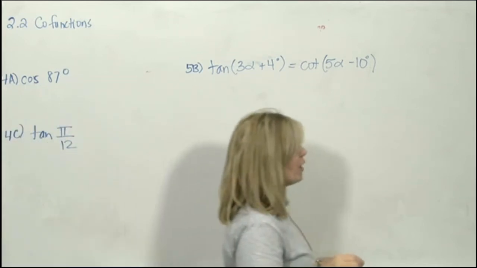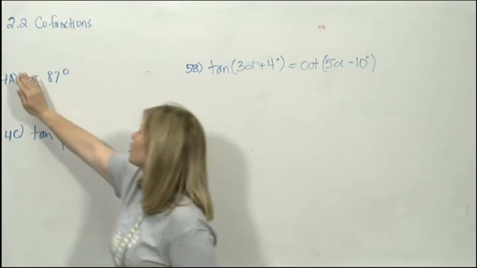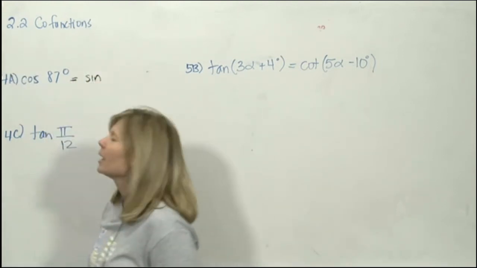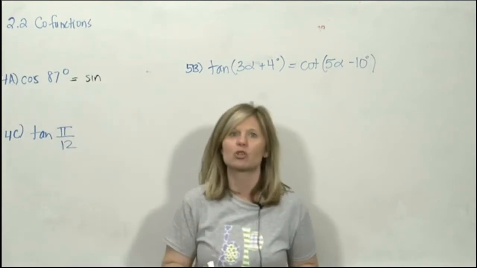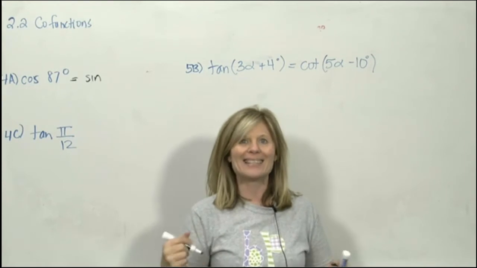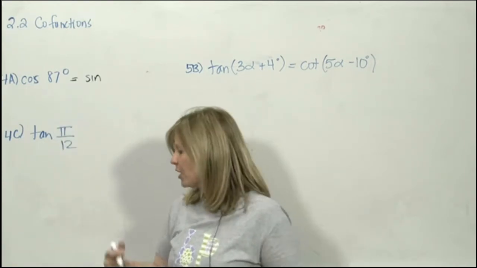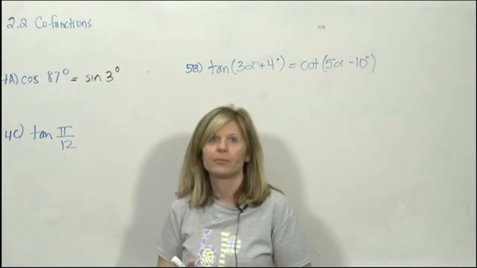Who's the cofunction with cosine? Well, if you take the word co off, its cofunction would be sine. And the deal is their two angles are complementary, which means their angles add to 90 degrees. So what would you add to 87 degrees to make 90 degrees? You would add 3 degrees.